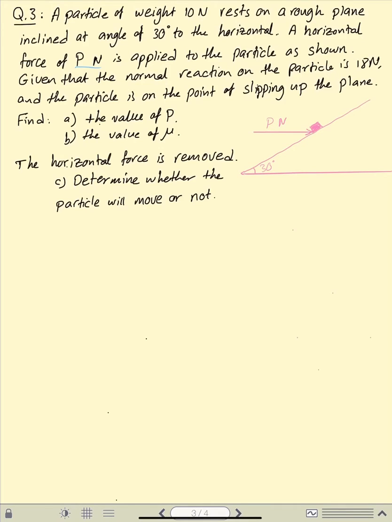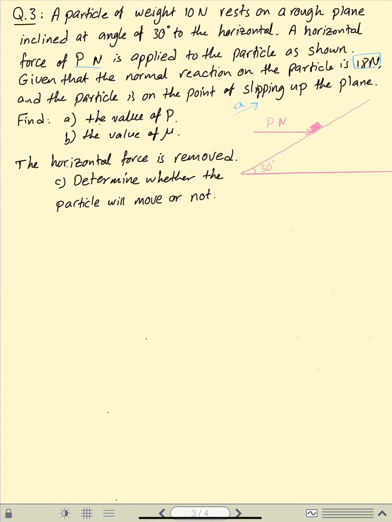Given that the normal reaction on the particle is 18 newtons, and the particle is on the point of slipping up the plane, find the value of P in part A.